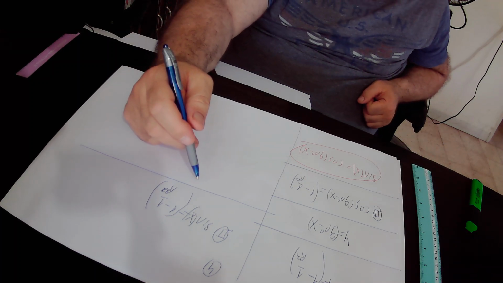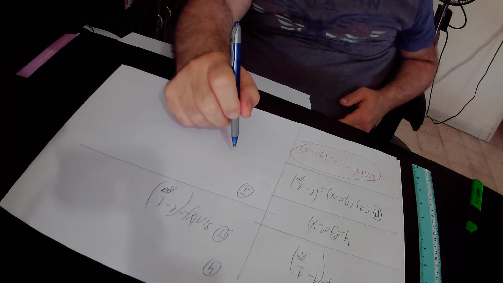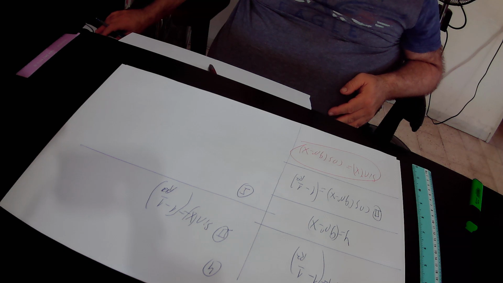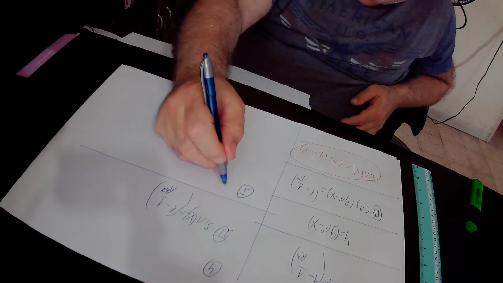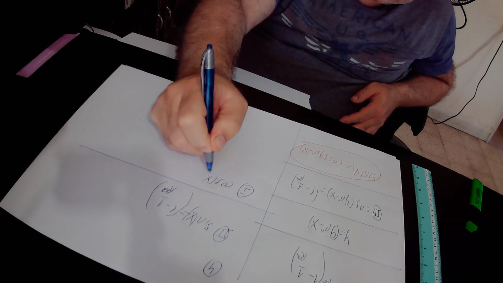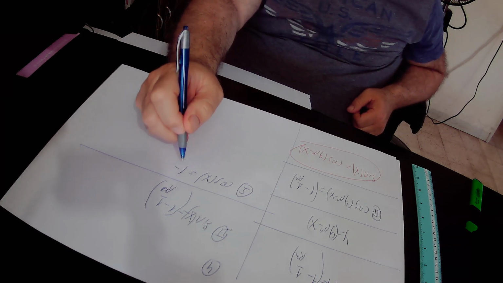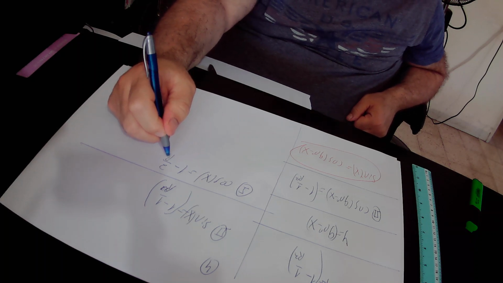This is according to equation 2, while according to equation 1, we have already found out that cosine x equals 1 minus 2 over R squared.